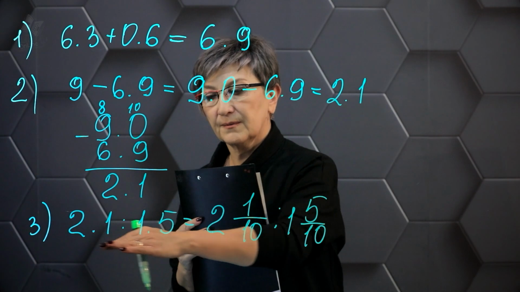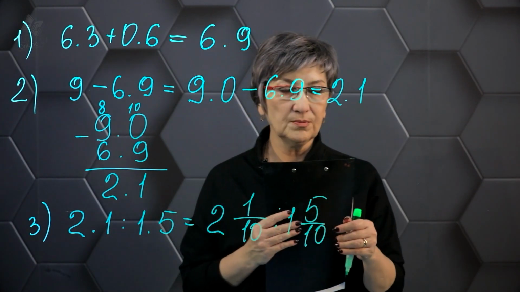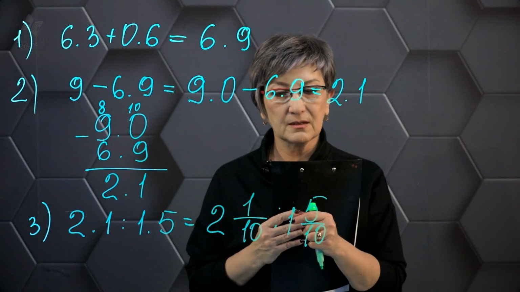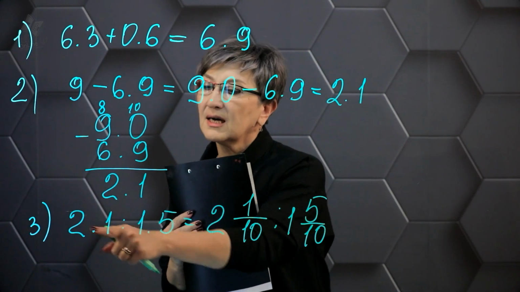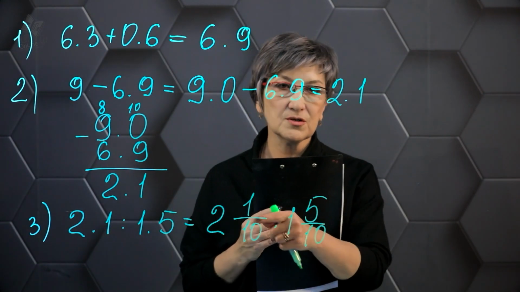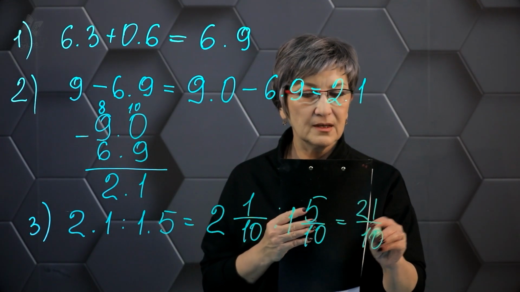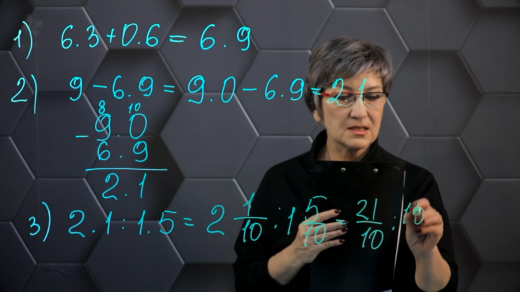If you're good at dividing in columns, please do. But I think it's more advantageous to divide here by converting these numbers to common fractions. And it turns out that we have 21 tenths to divide by 15 tenths.